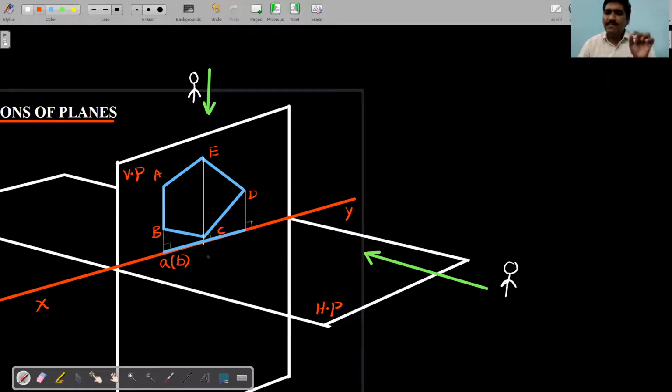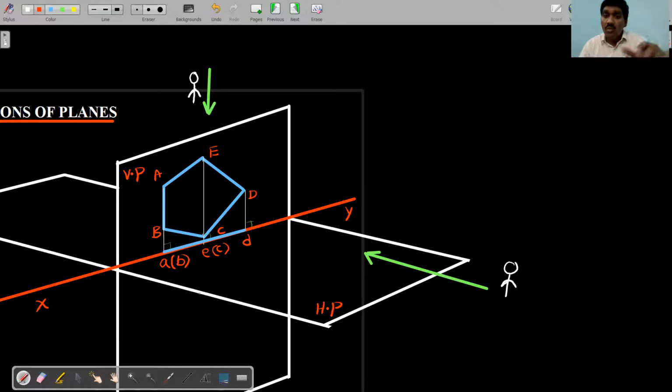Invisible points are represented in the brackets. ఇది ఇంజనీరింగ్ డ్రాయింగ్ కాన్సెప్ట్, ఇవి ప్రిన్సిపల్స్. ఓకే. సో వాట్ ఎవర్ ఇట్ ఈస్ ఇన్విజిబుల్ జస్ట్ ప్లేస్ ఇన్ ద బ్రాకెట్. Okay. So now E is visible but C is invisible. Again D is visible. That's it.